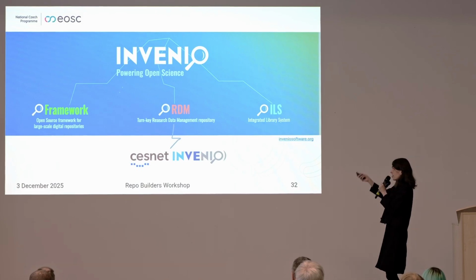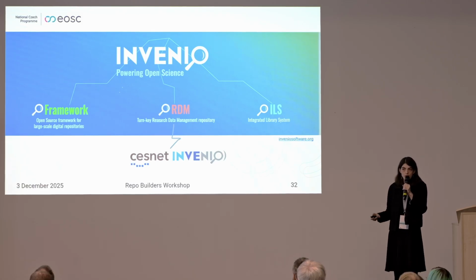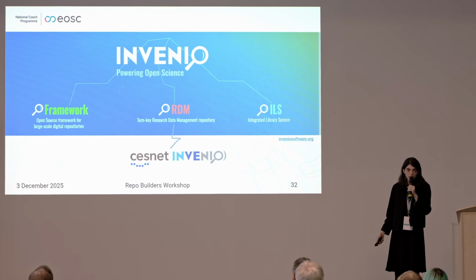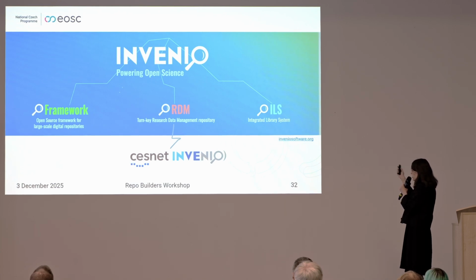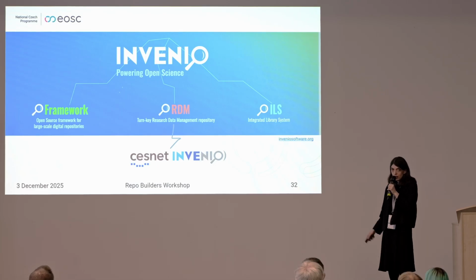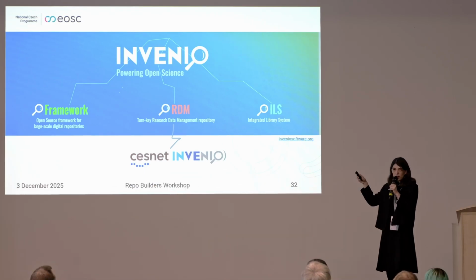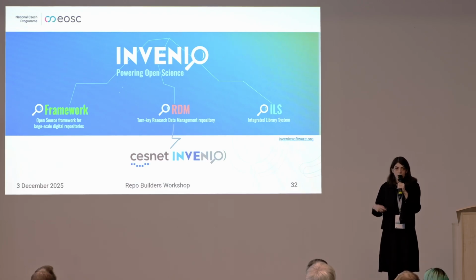It also has Invenio Framework, which is more general building blocks that you can build a repository from, but it requires a lot of coding. And then you also have an integrated library system based on Invenio. That's not relevant now. And then we have CESNET Invenio, which is a fork of the Invenio RDM, which is extended with specific features relevant to the specific Czech data environment.